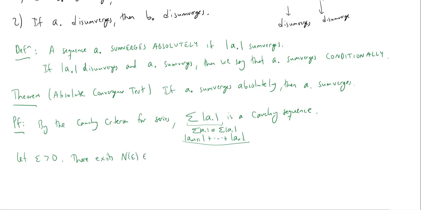So this is a positive integer n of epsilon, such that, let's say I take some n which is at least m, which is at least this n of epsilon. All right, so I take two terms past the tail, then this guy we get here, absolute value of a m plus 1 plus dot dot dot plus absolute value of a n, is in the zero coin of radius epsilon.